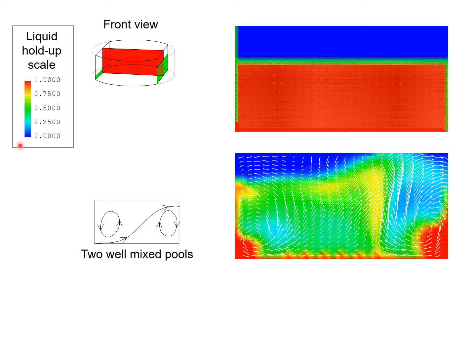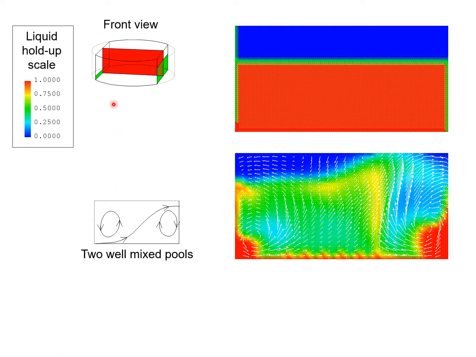Have a look at these color codings, which indicate the volume fractions of the phases. Red indicates a liquid volume fraction of 1. Blue indicates a liquid volume fraction of 0. In other words, blue is pure gas, red is pure liquid.